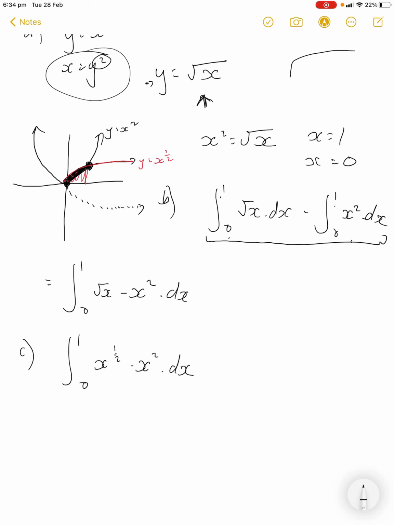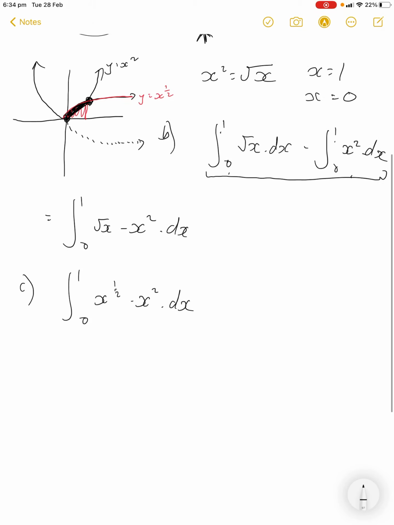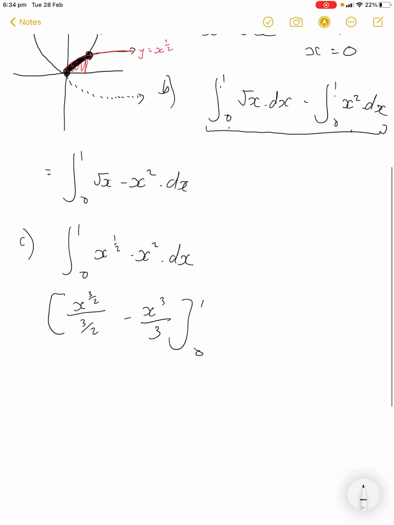Always, we want to be writing with a number power or fraction power, whatever it may be. Let's integrate, add 1 to the power, 3 over 2, divide by the power. I'm going to keep it as 3 over 2 just for this point. For x squared, add 1 to the power, cubed, divide by power 3, between 1 and 0.